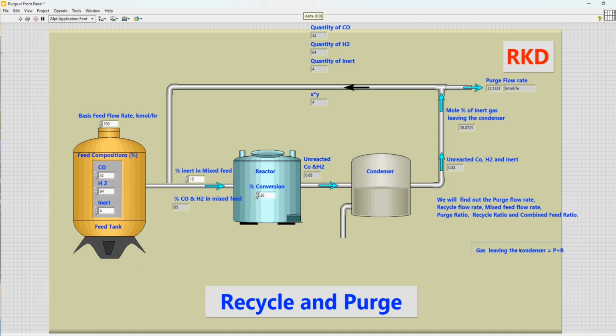So now we will apply this material balance here, and the gas leaving the condenser is 0.83 of mixed feed.